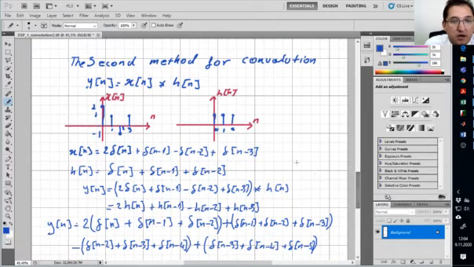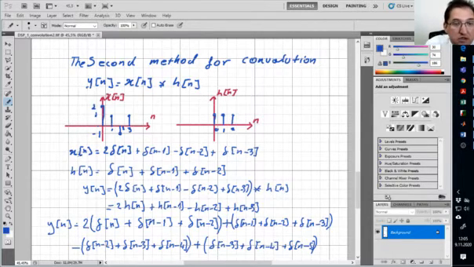The second method for convolution is a bit more analytic. Let's write the convolution here. As you can see, x[n] convolved with h[n]. In this method we have to write x and h functions using the delta function.